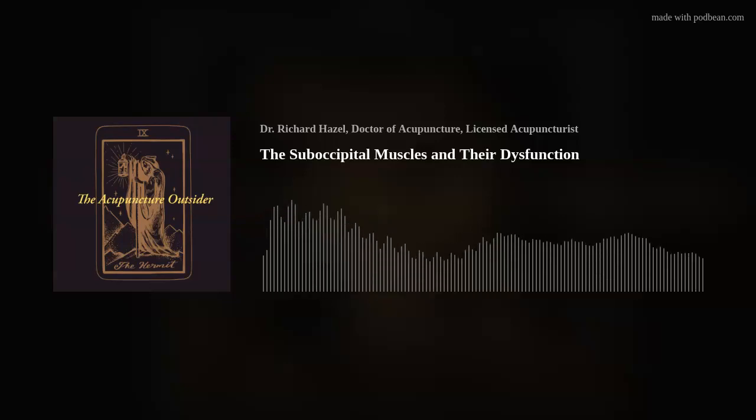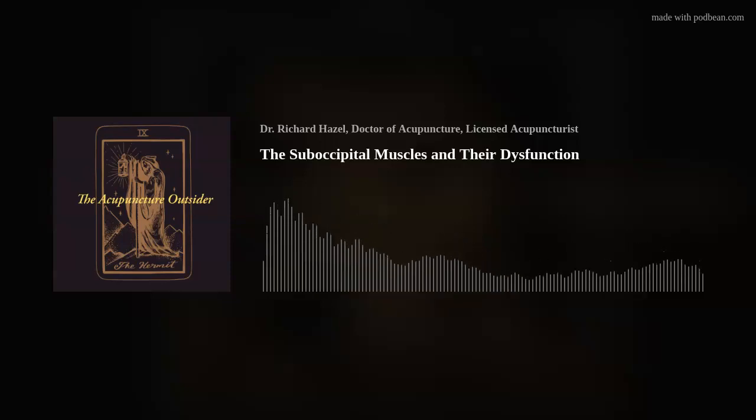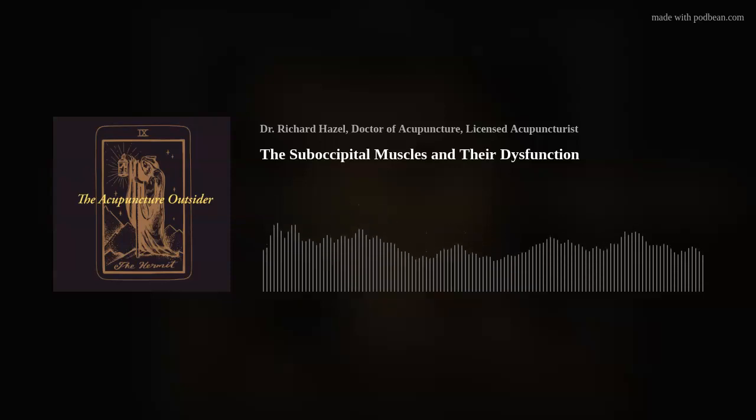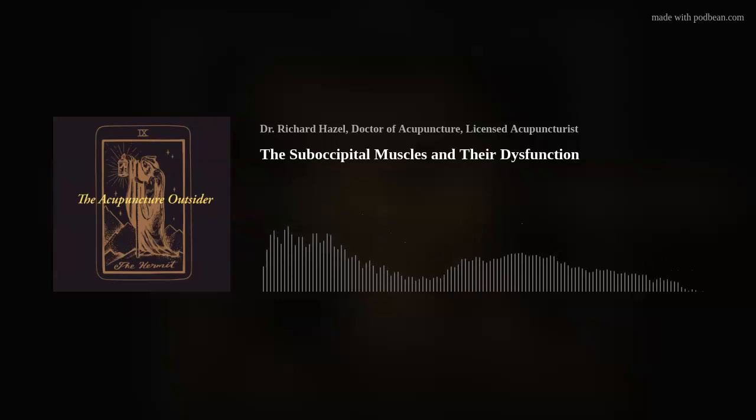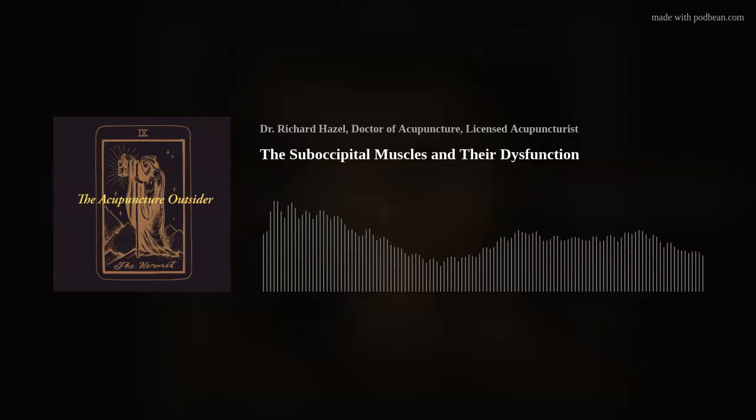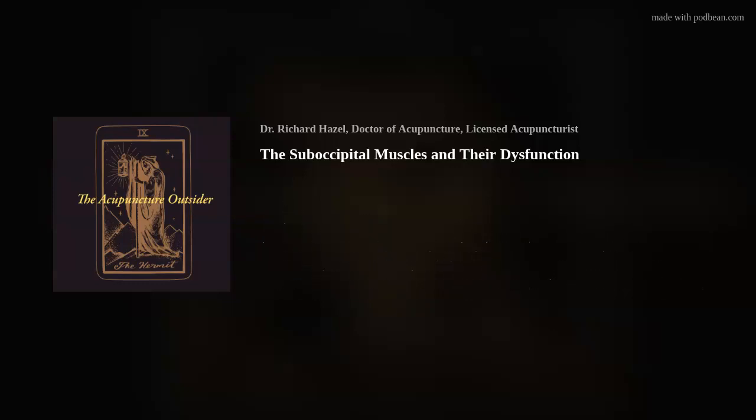So let's go through the anatomy really quickly. I'm not going to talk too much about the rectus capitis posterior minor because it's deep to the rectus capitis posterior major, and I tend to just treat the major and not try to get to the minor.